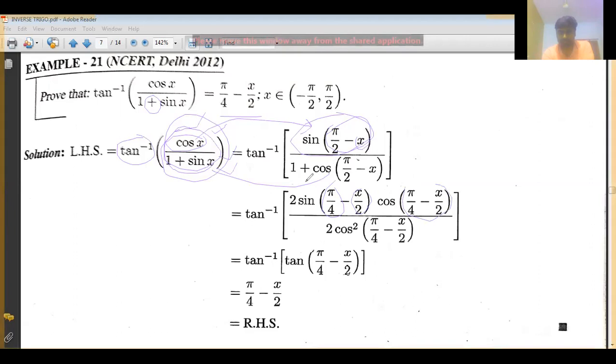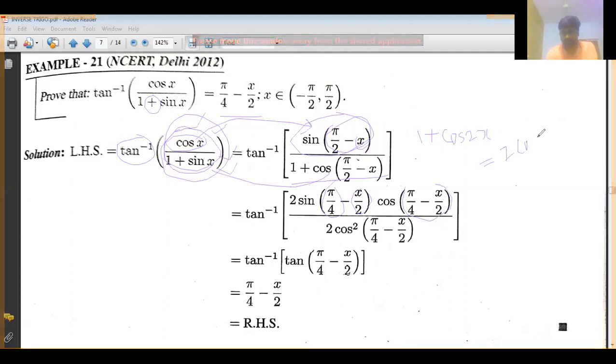Now here, what is this formula? 1 plus cos x formula. What is the formula for 1 plus cos 2x? Just recall, the 1 plus cos 2x formula is 2 cos square x.